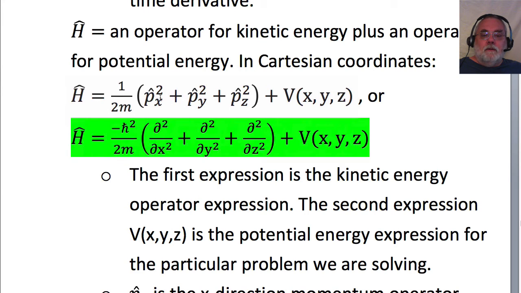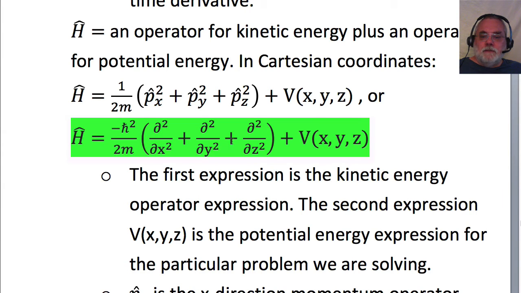And we already know how to do momentum operators in terms of spatial derivatives, so the Hamiltonian is minus h bar squared over 2m times the quantity, second derivative with respect to x squared plus second derivative with respect to y squared plus second derivative with respect to z squared, plus the potential energy function.